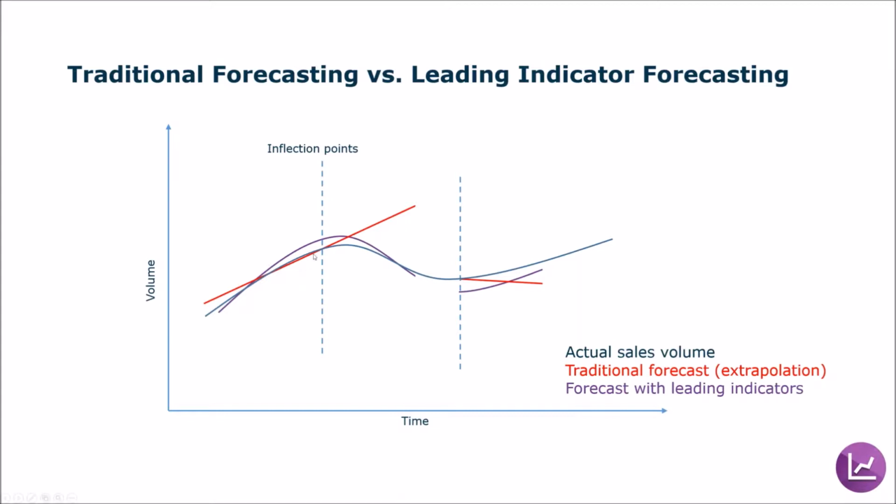So if I'm at the first inflection point and my sales has been increasing by 5% over the last few months or quarters, traditional statistical techniques will simply extrapolate that trend into the future. Also, at the second inflection point, if my sales has been decreasing by 5 or 10% month on month or quarter on quarter, traditional techniques will simply extrapolate that downward trend into the future.